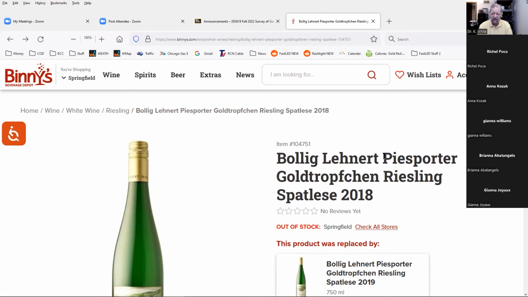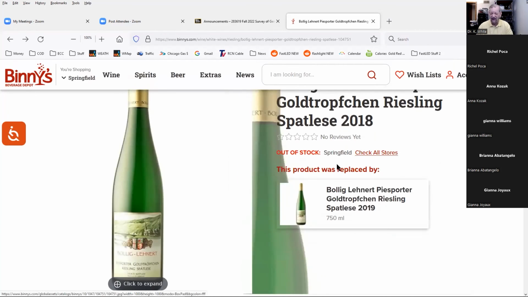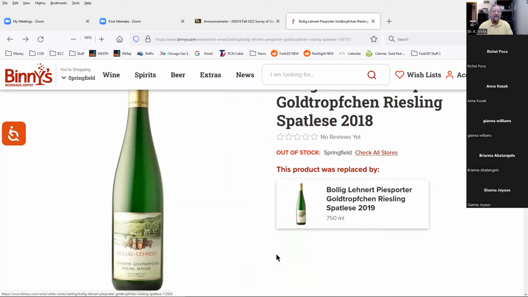Kabinett is the least sweet, Spätlese is in the middle, and Auslese, picked very late, is the sweetest. Dr. White really likes his Auslese as opposed to the Spätlese, which I also like. And now you have an education in German white wines. I don't like French white wines.